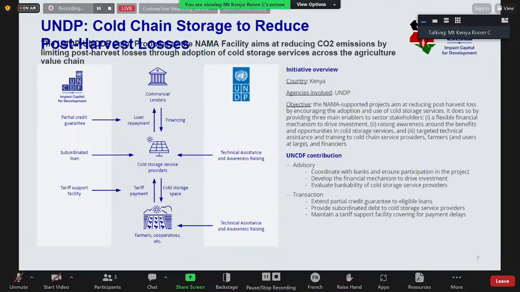So if I want to put a 20 metric ton solar-powered storage facility somewhere in rural Kenya, I will get a concessional loan with zero collateral. I don't need to put up any collateral. I have to be eligible, that's it. It's 10 years and a concessional interest rate, 6%, 7%, depending on the assessment.